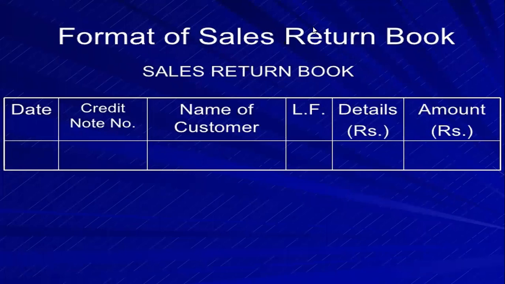The evidence for sales return is called a credit note, which we will give to our customer. That means when we receive the payment from the customer, this amount is deducted. The rest of the format is the same for the sales return book also.